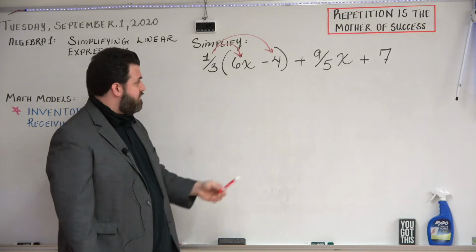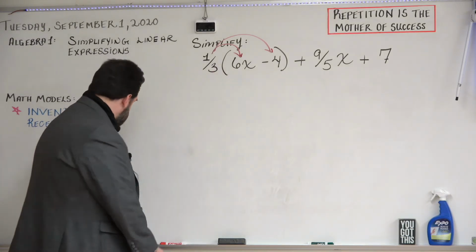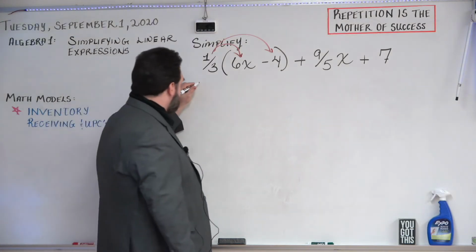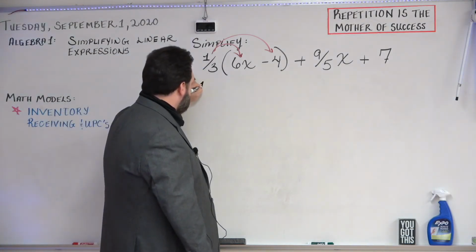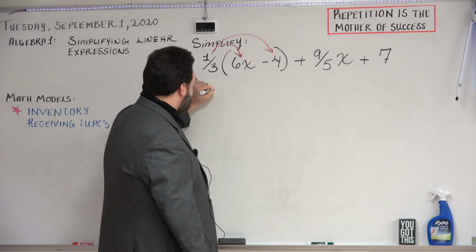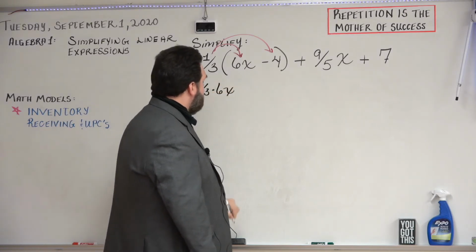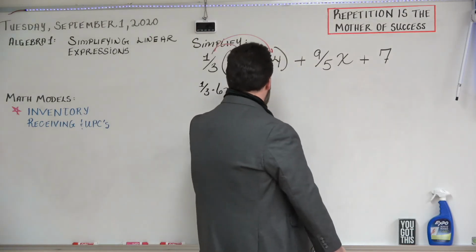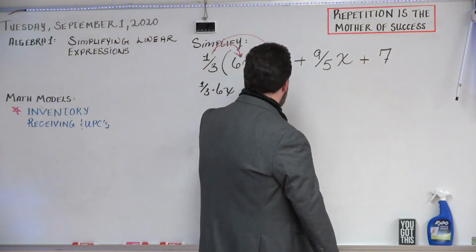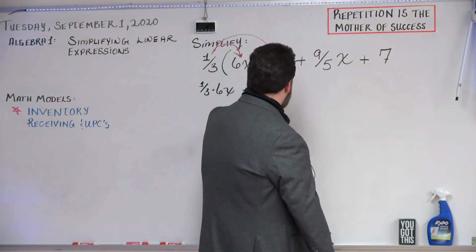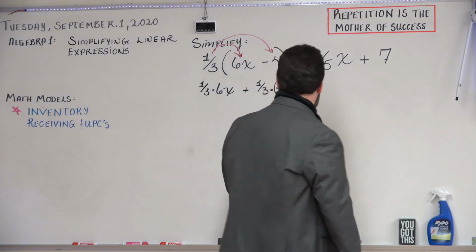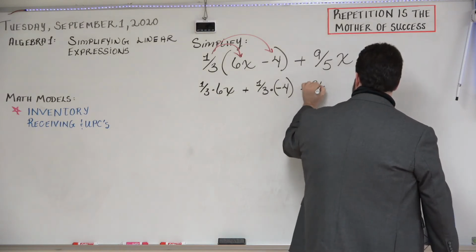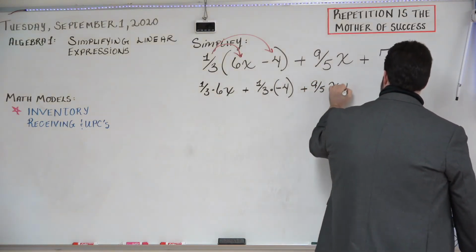They can't be combined, so we're just going to distribute. We're going to write out what we're going to do. 1/3 times 6x plus 1/3 times -4 plus 9 fifths x plus 7.